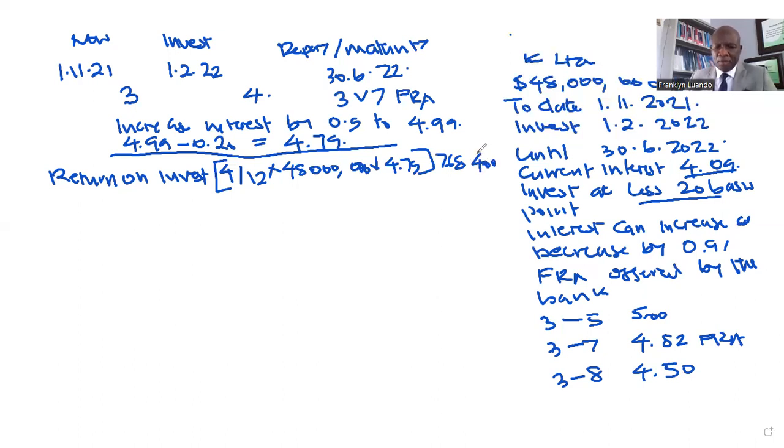Now, we had agreed 4.82. That's what we agreed with the bank, but we are getting 4.99. So the difference must be paid to the bank.